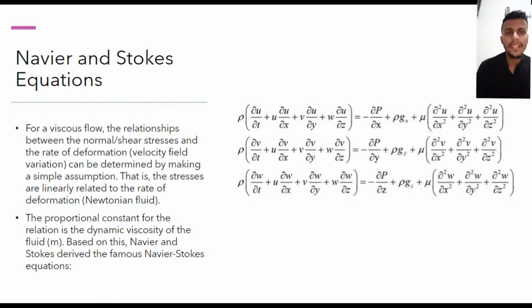Right now we're going to start to talk about the analysis of the equation. For a viscous flow, the relationship between the normal shear stress and the rate of deformation, velocity, and flow variation can be determined by making a simple assumption, that is, the stress is linearly related to the rate of deformation.